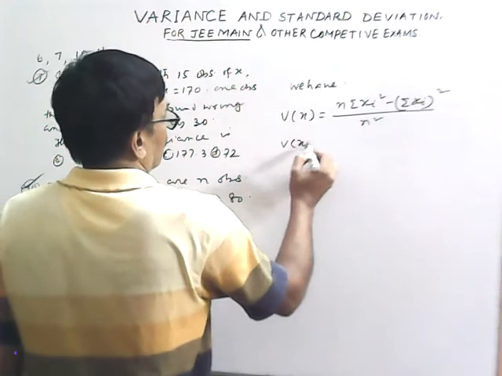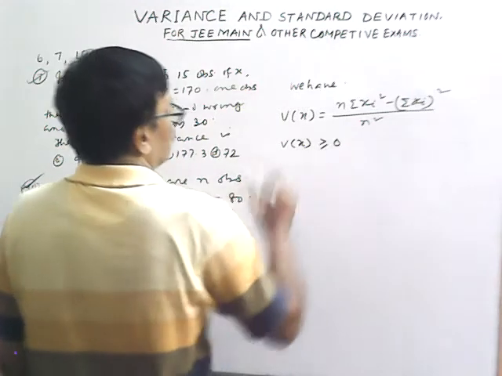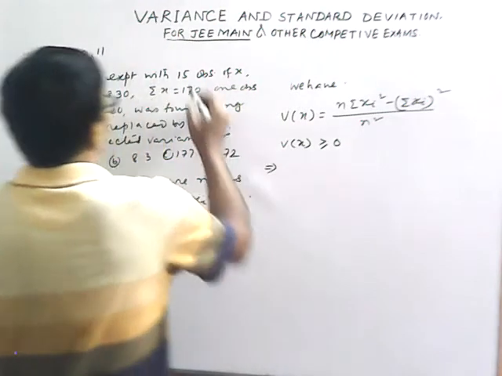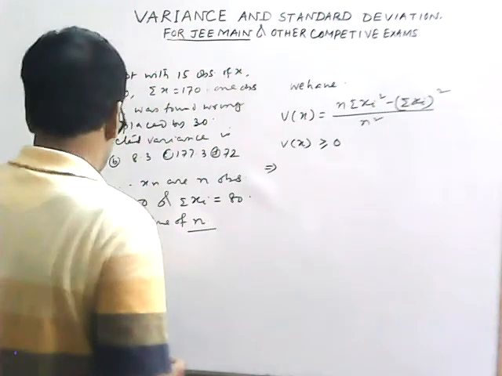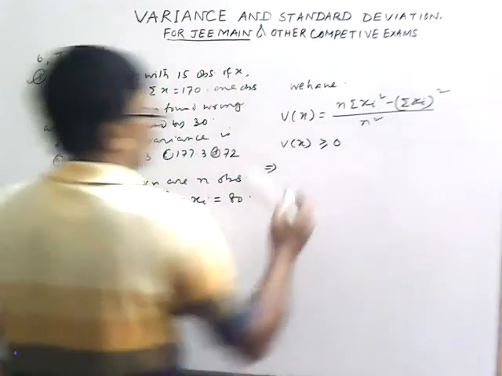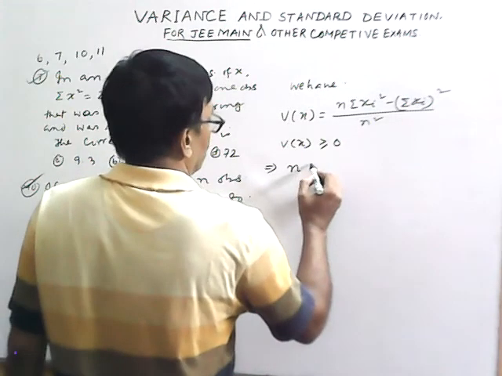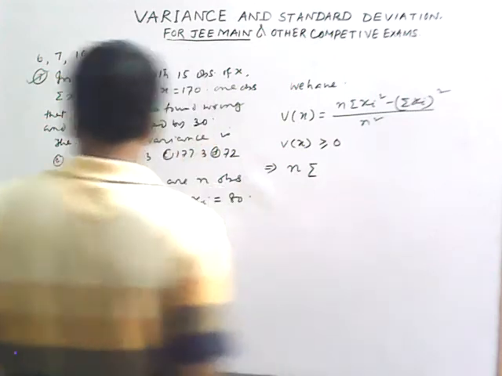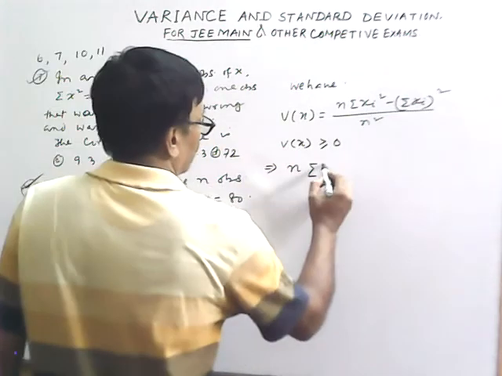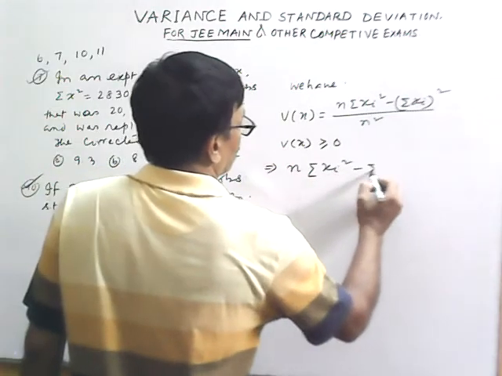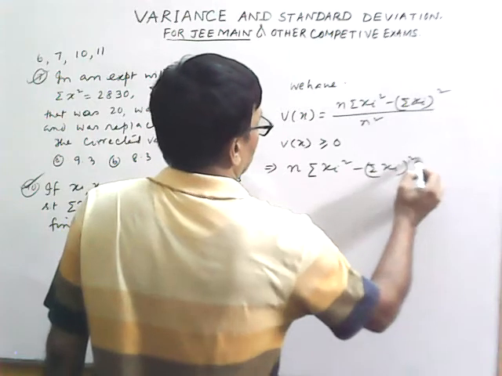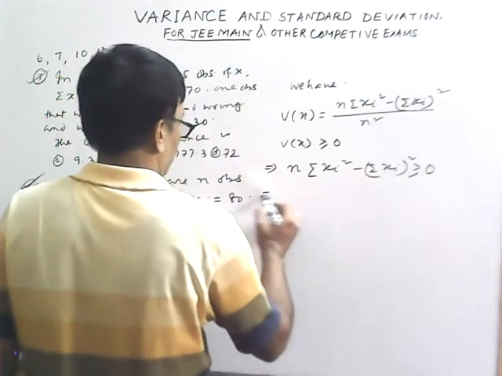Now Vx greater than or equal to 0. So what is n? You have to calculate the minimum n. So n into summation xi square minus summation xi whole square is greater than or equal to 0.